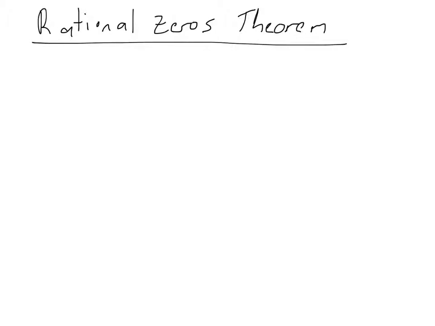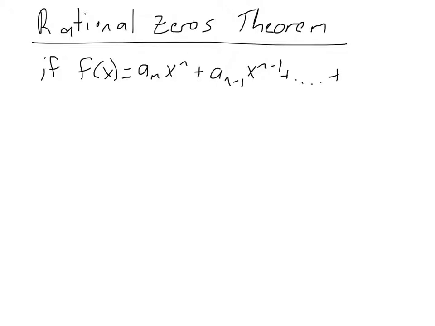It says, if we have a polynomial function f of x, which is equal to a sub n x to the n plus a sub n minus 1 x to the n minus 1, just the general form for a polynomial, plus a sub 1 x plus a naught.